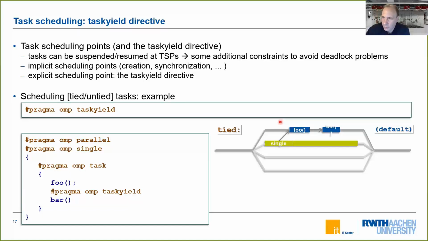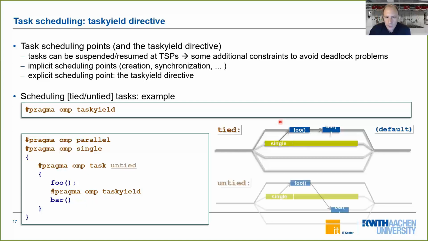It's a little bit complicated to think about that with actual code, but I didn't want to go into much detail here. But in summary, taskyield can improve the scheduling of tasks if you encounter situations where the task queue or the threads become underutilized because there are not enough tasks in your task queue.